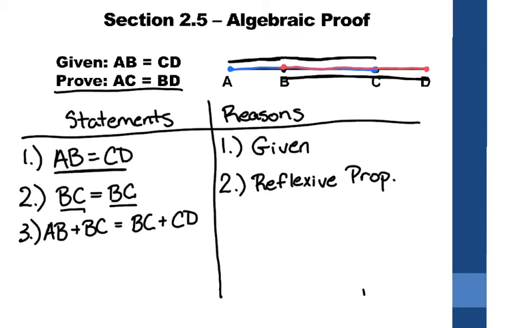See, we're treating BC as a variable, and same thing goes with the length AB and CD. So we are saying this is going to be the addition property of equality.